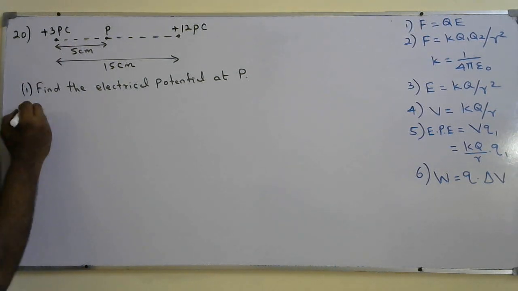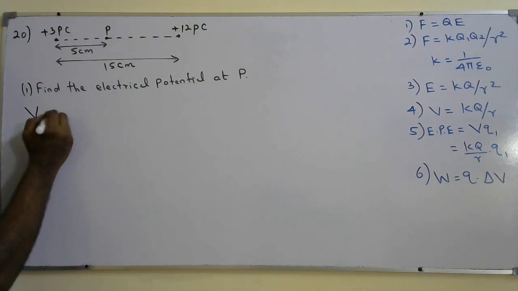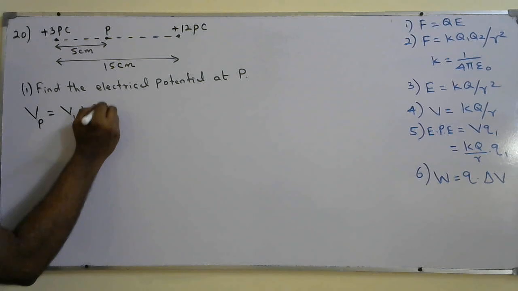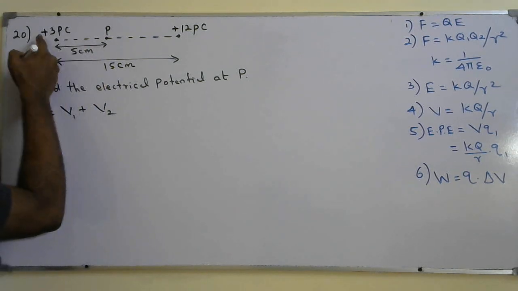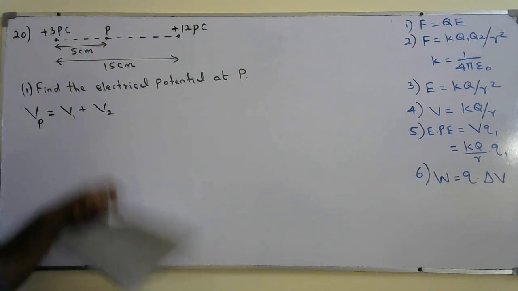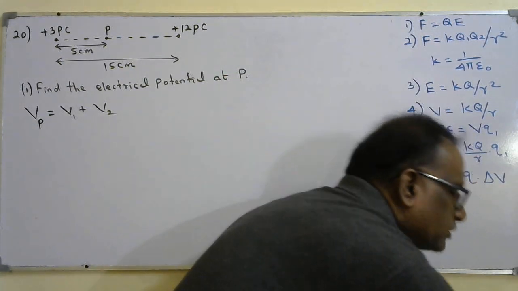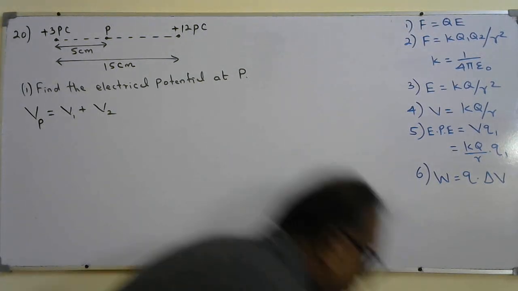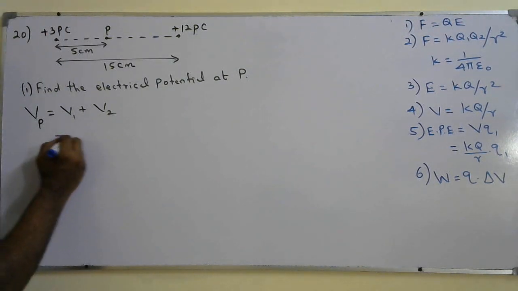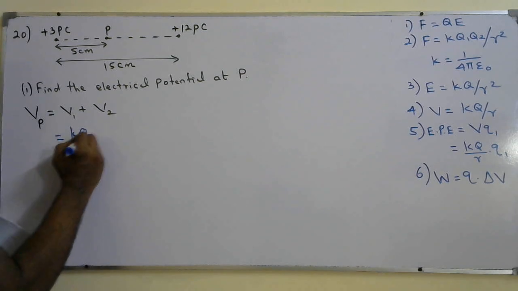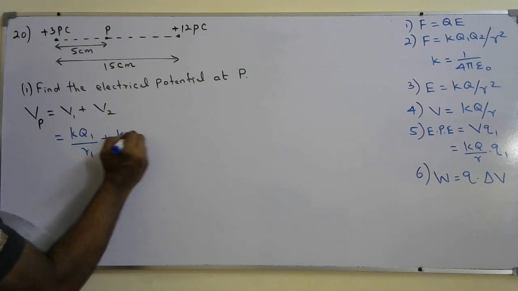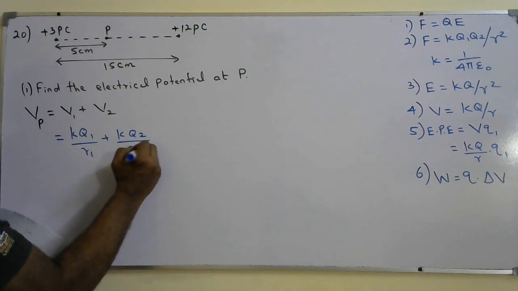So it's a scalar quantity. The potential at P is given by V1 plus V2, where V1 is the potential of the 3 picocoulomb charge at P and V2 is the electric potential of the 12 picocoulomb charge at P. So just substitute and solve it. It's simple. That is K Q1 over R1 plus K Q2 over R2.